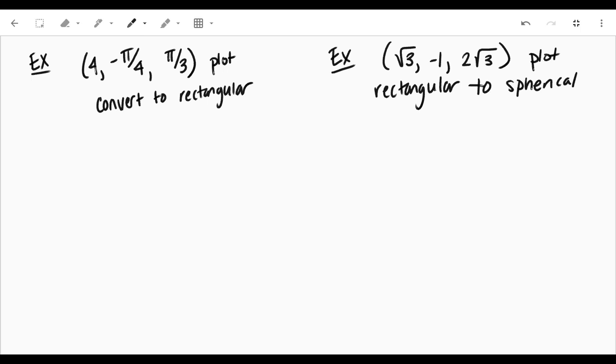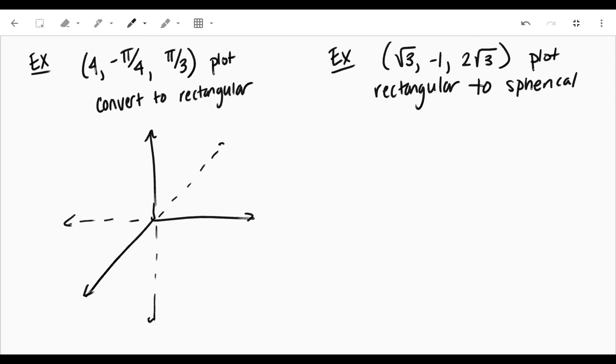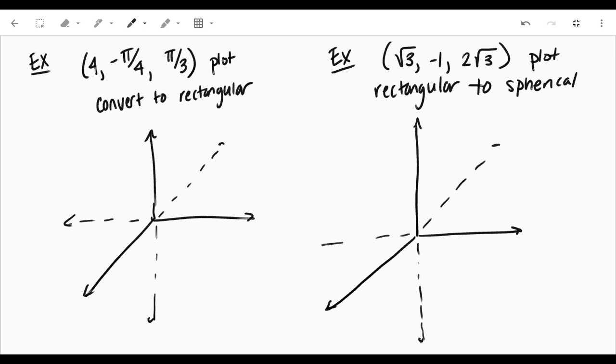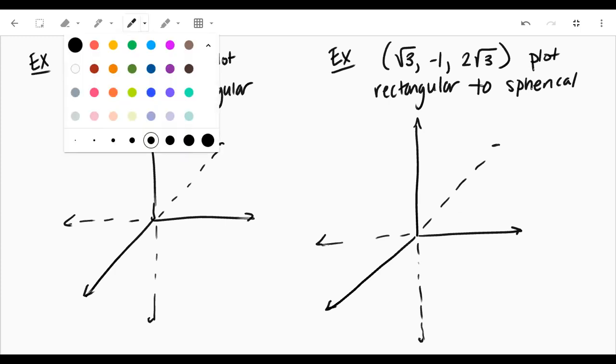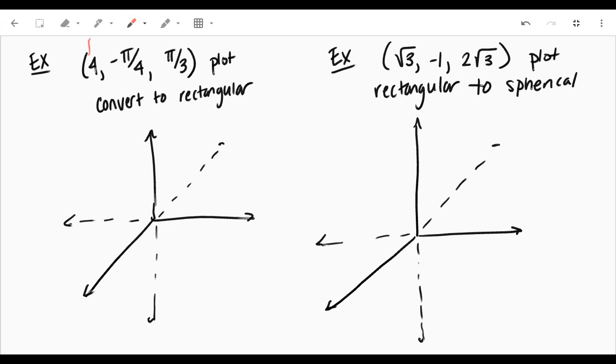Okay, so let's get our coordinate planes here. So the first one, remember this is rho, theta, phi.